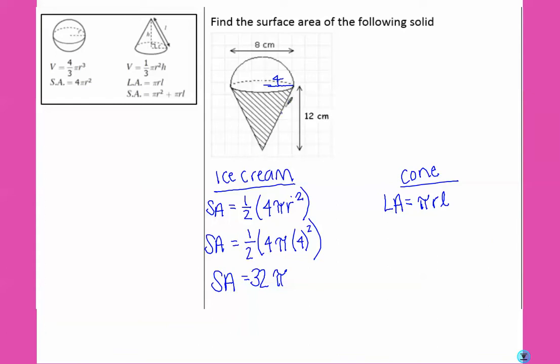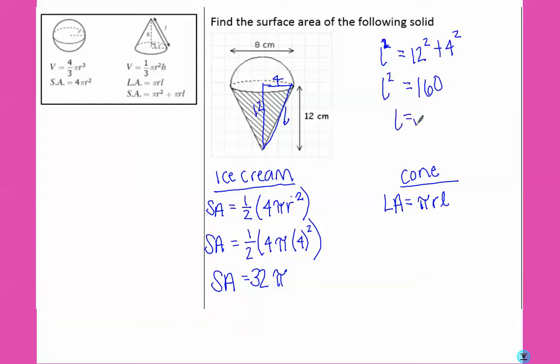Now, we weren't given L. L is the diagonal. So, if we look, here we have a triangle. It's 4 here. We know the height is 12. We want to know what the slant height is, the diagonal height. So we know that L squared equals 12 squared plus 4 squared. So L squared equals 160.